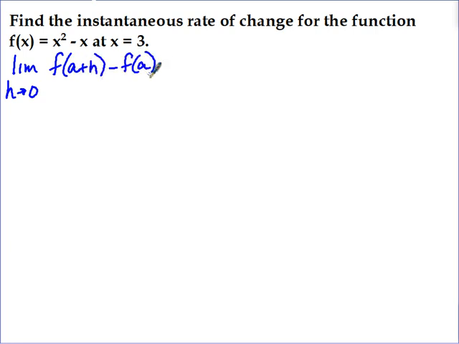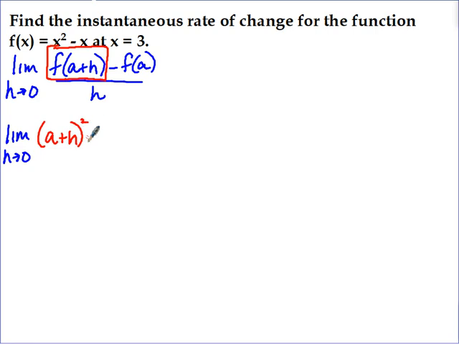Okay, so now our function is x squared minus x at x equals 3. So again, the limit part, not going to change. Now, f of a plus h. So I'm just taking a plus h and plugging it in for x. So I had to plug it in 2 places because there's 2 x's. So I just took a plus h, plugged it in there.